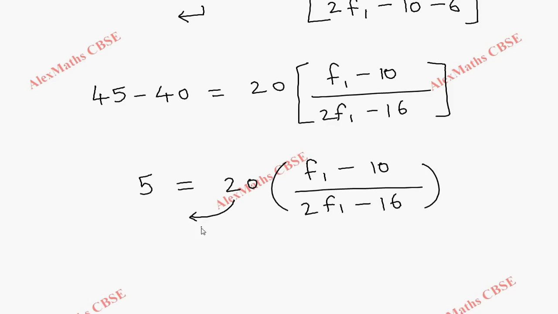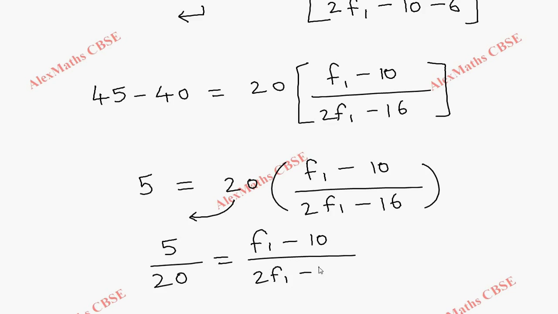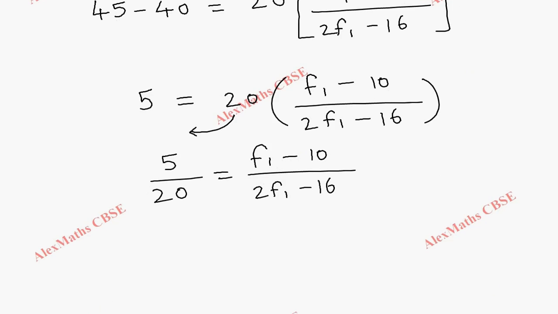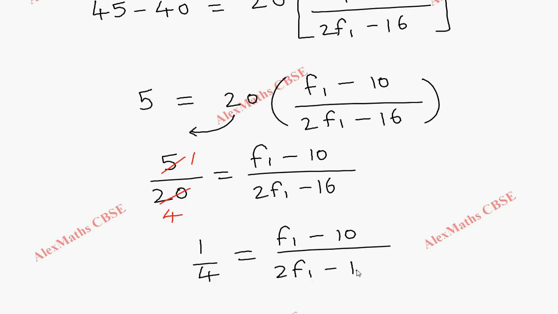And we can take this to the denominator. So 5 by 20 equal to F1 minus 10 by 2F1 minus 16. We can cancel these two. So 5 times it is 4 and this is 1. So 1 by 4 equal to F1 minus 10 by 2F1 minus 16.